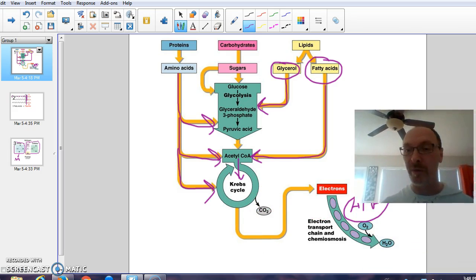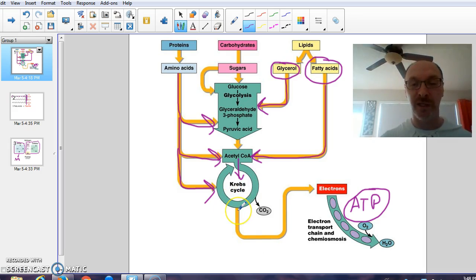Again, we eventually make some ATP by substrate level phosphorylation, but we also make a lot of FADH2 and NADH, and they will eventually go to the electron transport chain, and we get ATP out of that. Again, the use of proteins is more of an extreme thing.